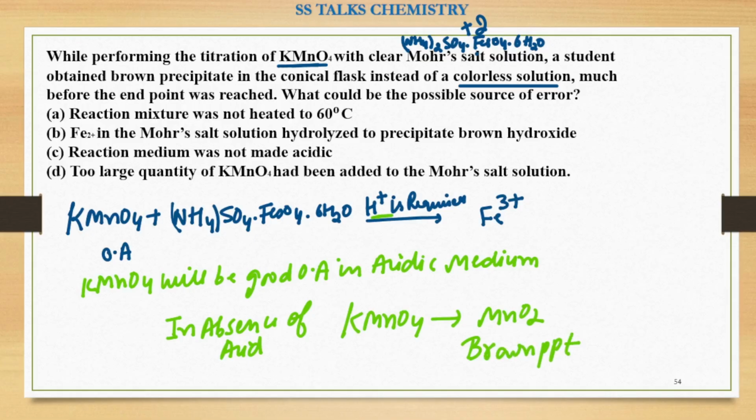Instead of Mn2+, which would have been formed and is colorless in nature, we are now getting MnO2, a brownish precipitate. So the mistake the student made, due to which he is getting a brown precipitate, is that he forgot to add the acidic medium. Only in that case will we obtain the colorless solution. So the reaction medium was not made acidic. C is going to be the correct answer.